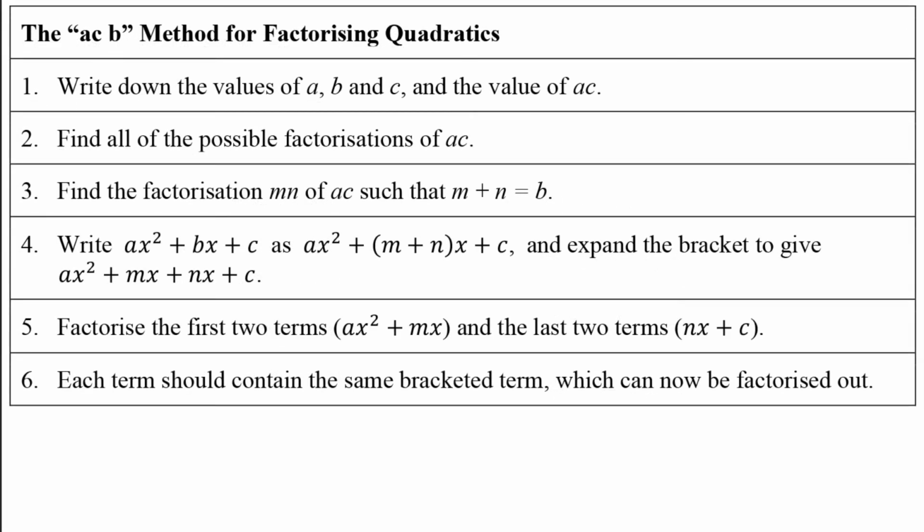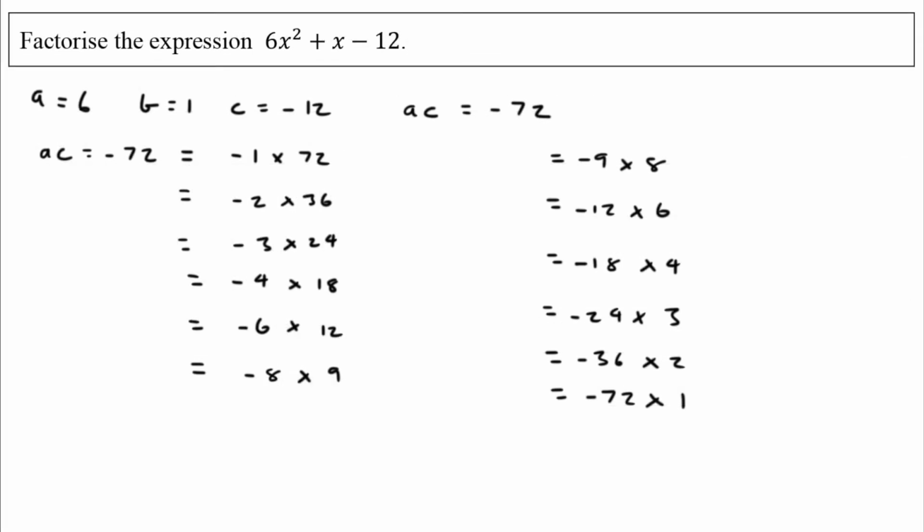Next step, find the factorization mn of ac such that m plus n is b. So what we need to do is add together the two numbers in our factorizations and see if we get b. In the first one, negative 1 plus 72 gives 71. 71 is not b, which is 1, so this one is no good to us.